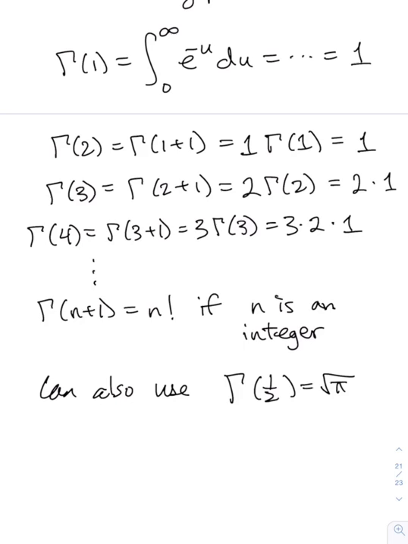Where did they say it? I've lost my page. Problem 26. So 7.7.26 is an exercise on how to derive this fact that gamma of 1/2 is equal to root pi.